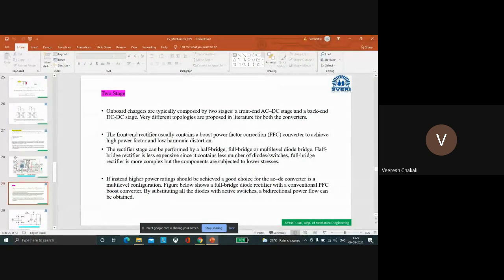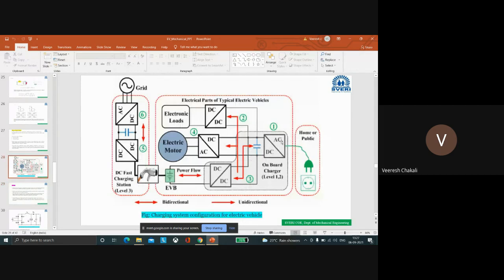The front end rectifier usually contains boost power factor correction. So we are using the capacitor here. By connecting the capacitor across the DC terminals, we can improve the power factor also.